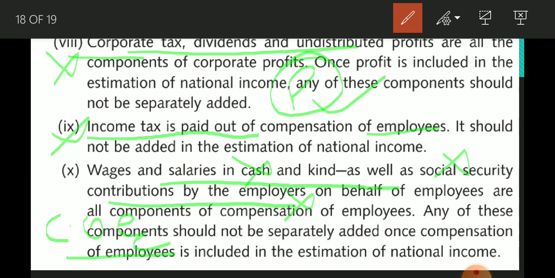Because COE is already the sum total of wages and salary in cash and in kind and employers' contribution to social security schemes. If we add any one of them, there will be overestimation of national income. So when COE is given, we are not going to add any component. When profit is given, we are not going to add any of its components. In the same way, income tax is also not added in national income. Why? Because it is paid from the COE, from the income.